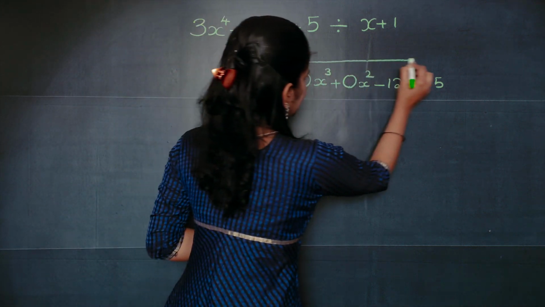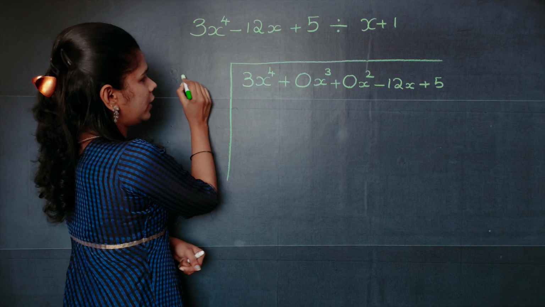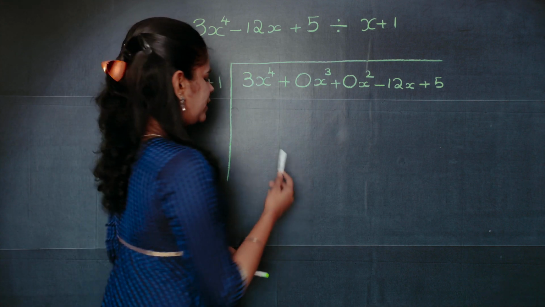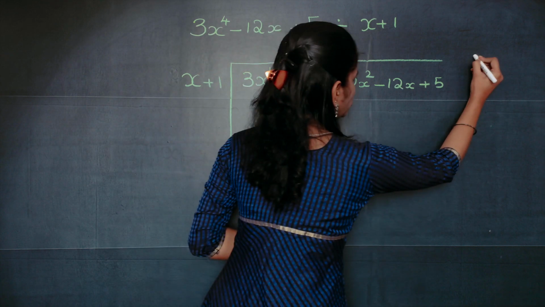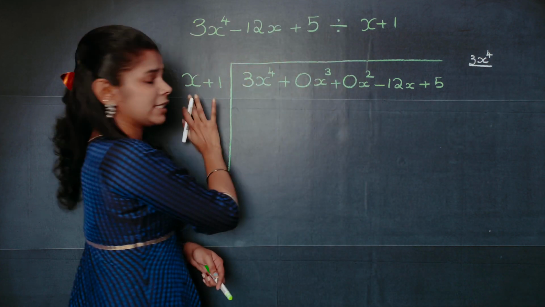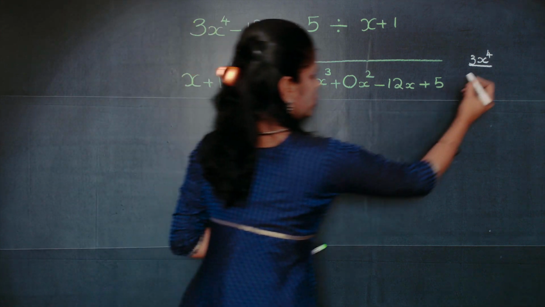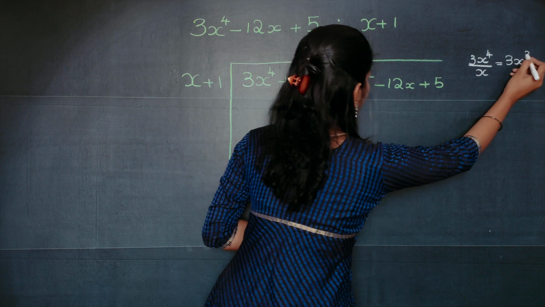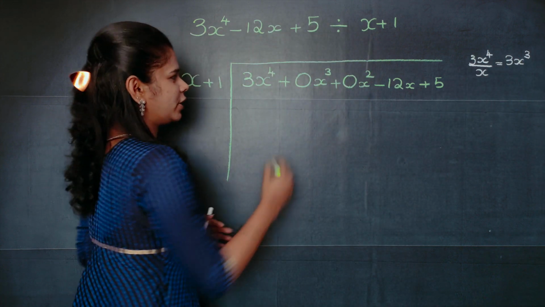long division symbol and you will write the divisor. First term of the dividend, that is 3x raised to 4, divided by the first term of the divisor. So it becomes 3x cube. So that is your first term of the quotient.